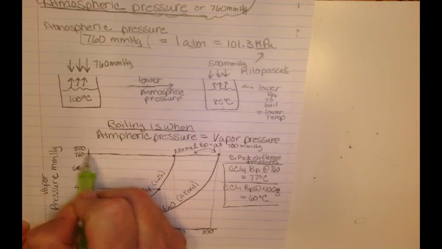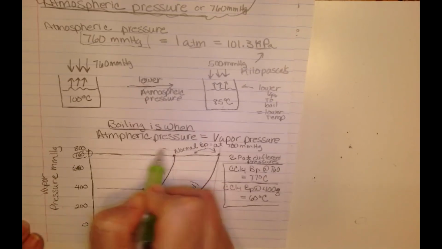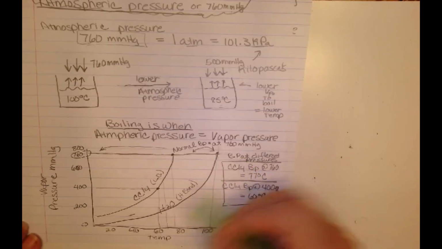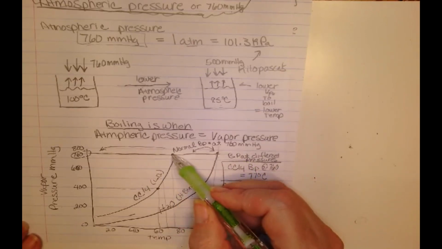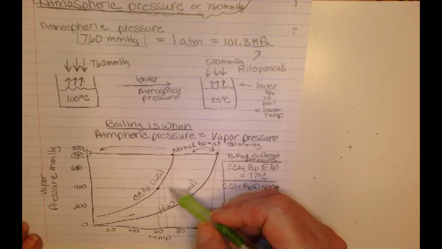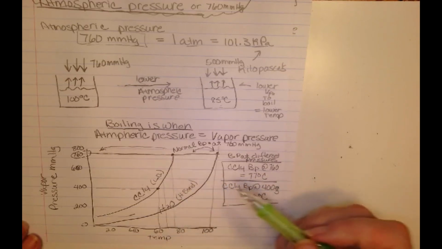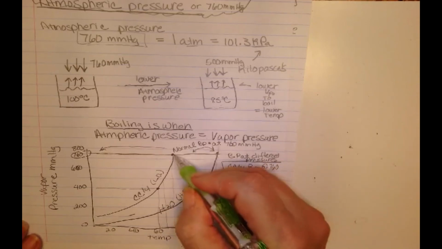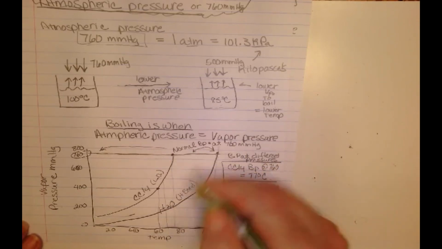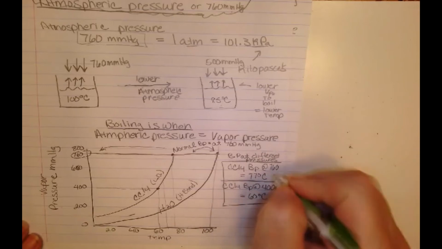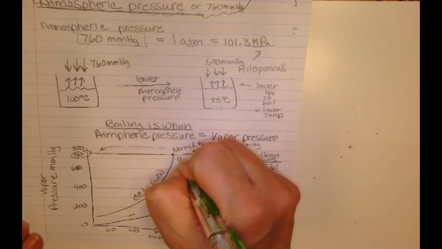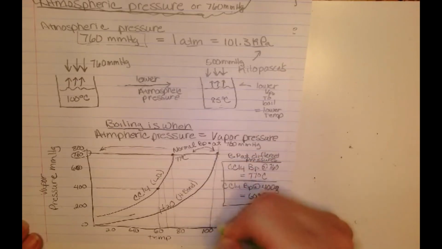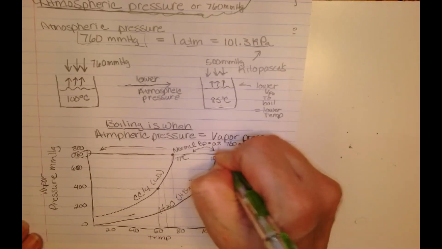This line is 760, and that is my normal boiling point pressure. So I just look over here, okay, where it hits the graph, and I come on down, and my normal boiling point for carbon tetrachloride is going to be roughly, let's call that, 77 degrees C. Okay. And then for water at 760, it's going to be 100 degrees C.